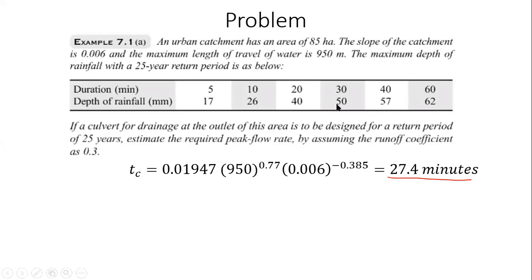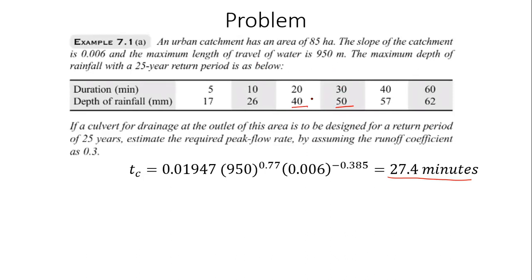At 30 minutes, we've received 50 mm of rainfall, right? So you see this piece of information over here. So at 27.4 minutes, you can just linearly interpolate between them. How much rainfall would you have received? Right? 47. Yeah, 47.4, right?